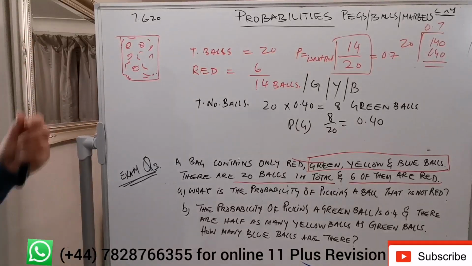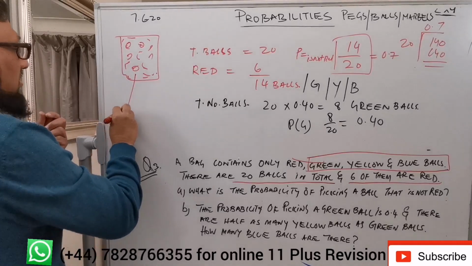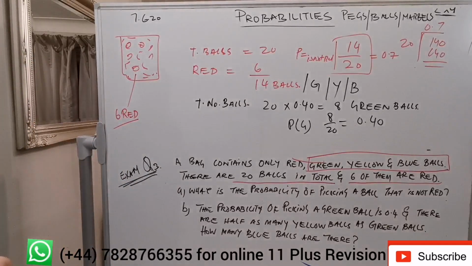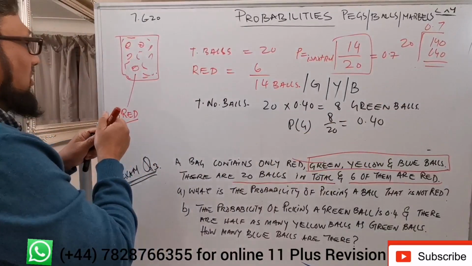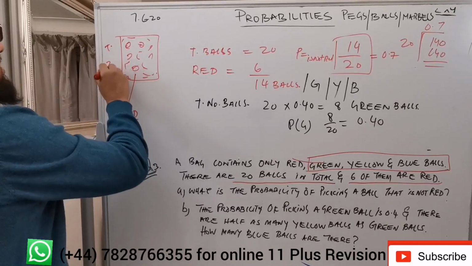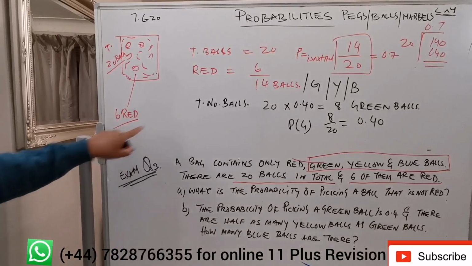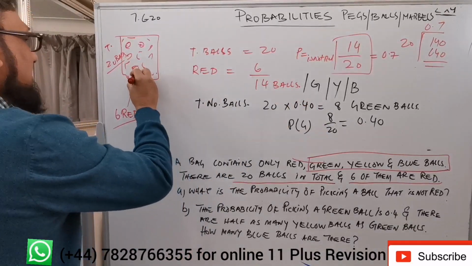They already say the 6 are red. And the green we just found now. So out of these total 20, 6 they already gave in the exam, and the green ball we found just now.